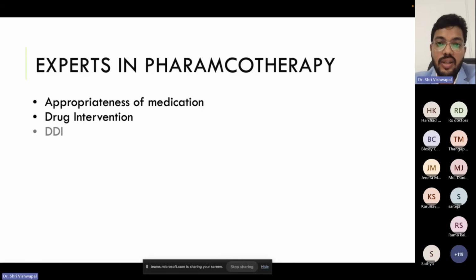And the next one is drug-drug interaction. Theoretically, there are so many drug interactions that can occur, but the practical is very much important. I have encountered lots of drug interactions theoretically, but practically I have seen very few.